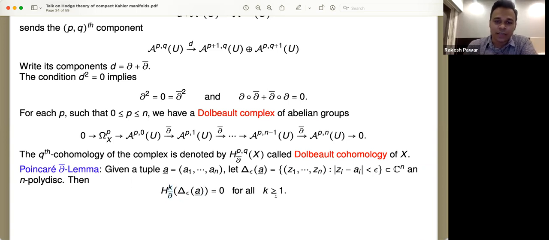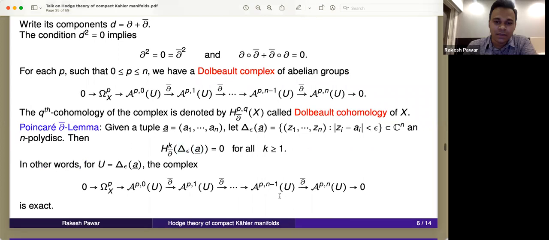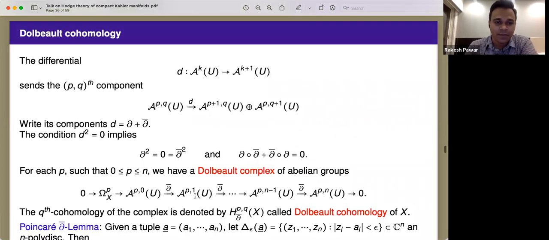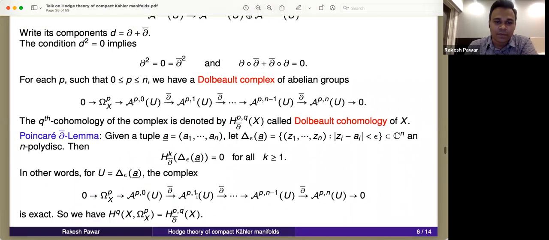Okay, so as we did last time for the usual differential, this tells me that for this contractible open subset U, this complex is exact. So I can do the same thing. I have X a complex manifold with the topology given by these open subsets, and these A^{p,q}s will form fine sheaves, and they'll be acyclic. So I get a resolution of Omega^p_X by acyclic sheaves of abelian groups.